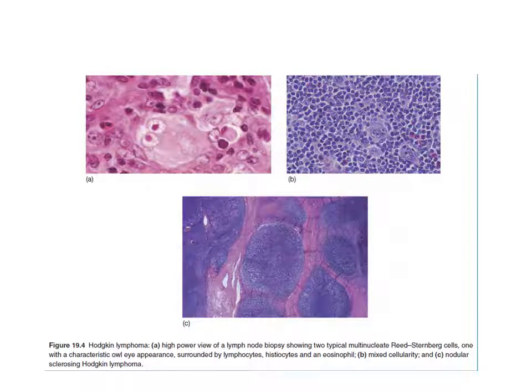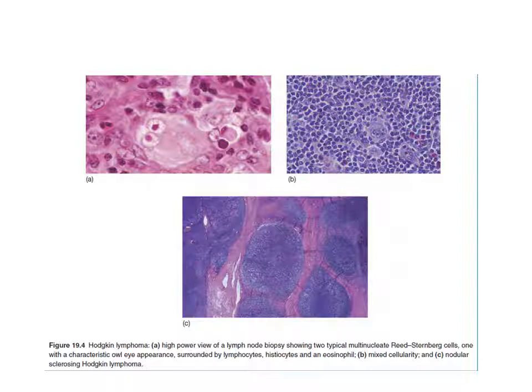Now you can see these pictures. Top left, A, Hodgkin lymphoma, high-power view of a lymph node biopsy showing two typical multinucleate Reed-Sternberg cells, one with a characteristic owl eye appearance. This very big cell in the center, you can see with this arrow.